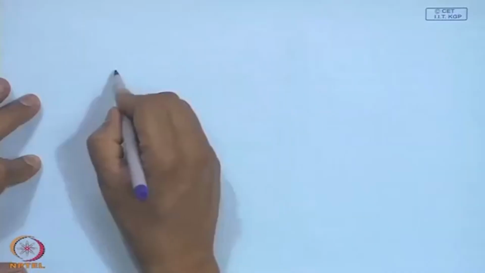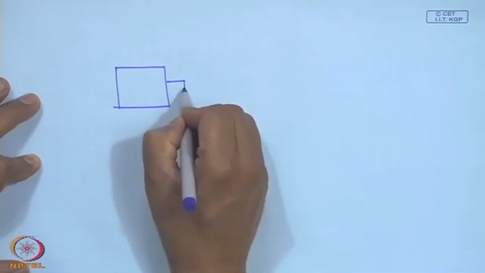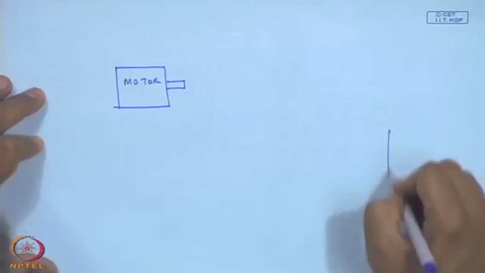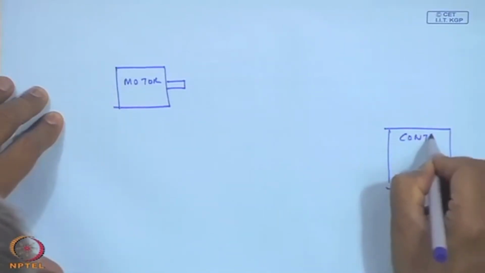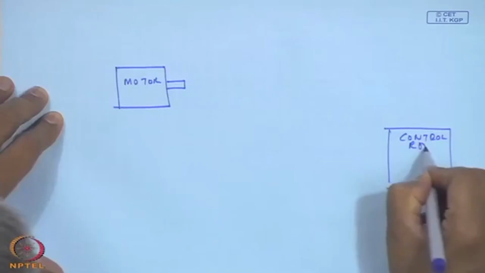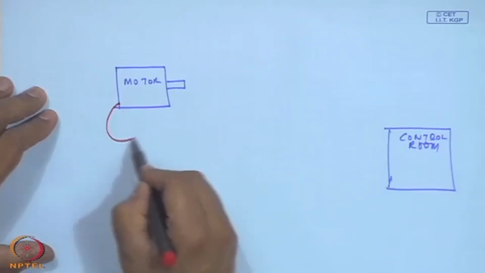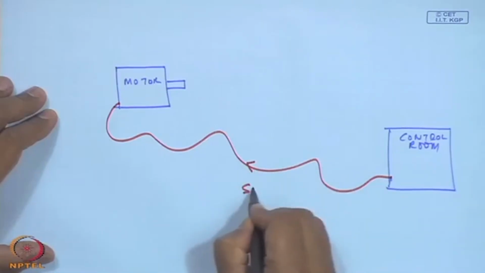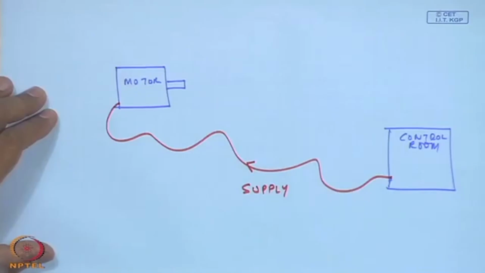Suppose we have a motor, and you are sitting somewhere in a control room. Obviously, to drive the motor, it requires a supply, and the supply cable is maybe going from here. Okay, I have just drawn one conductor.